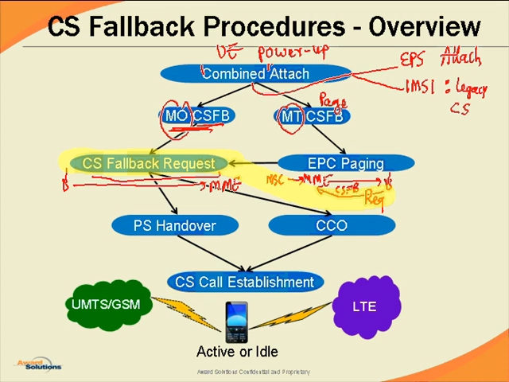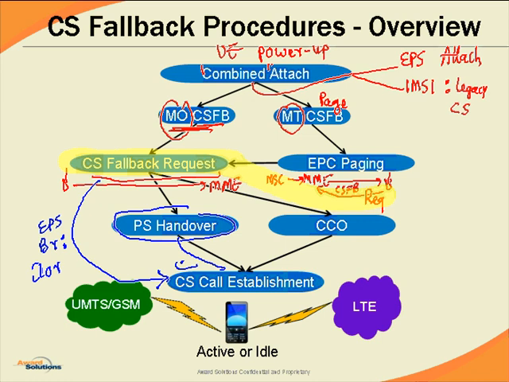So basically, once the CS fallback request is made, then either we do packet switch handover and then make a voice call, or just directly make a voice call and make the bearers dormant. Suspend data.